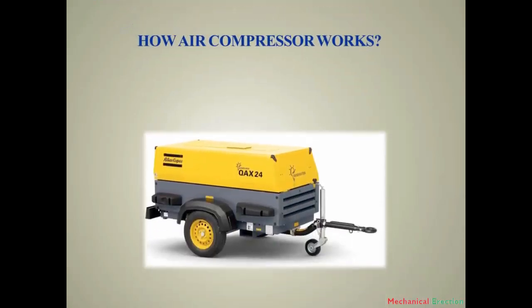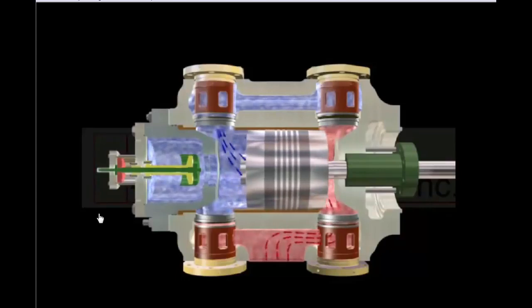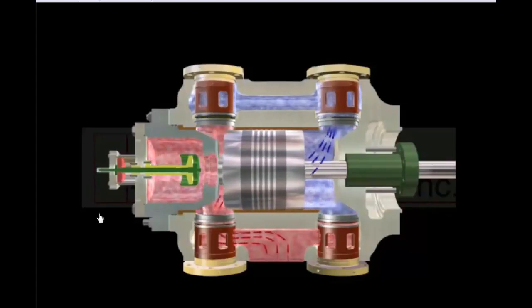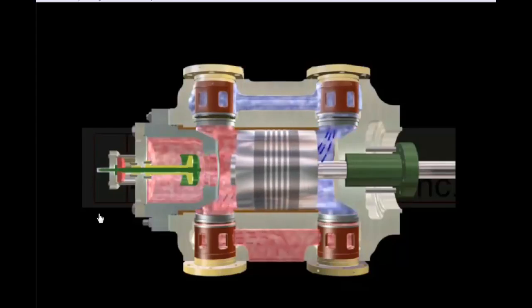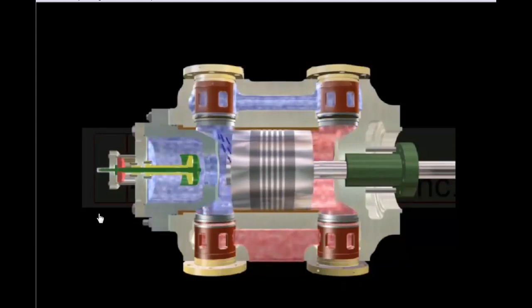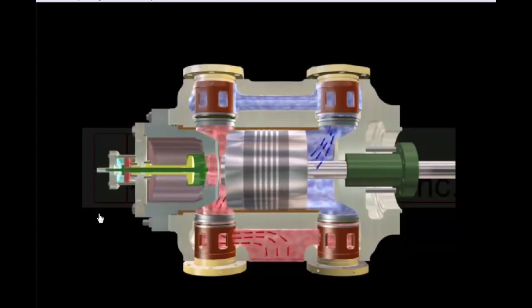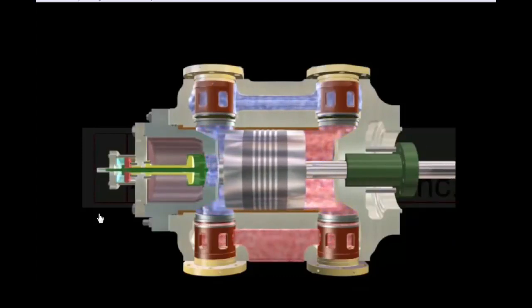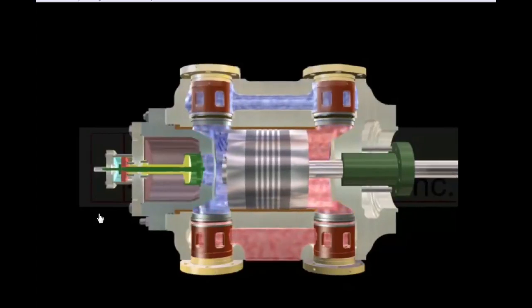We will see an animated video. Dear viewers, now you are viewing a double acting compressor cylinder. In this type of cylinder, it works for air suction and air compression. Two works are done at a time. Please look carefully. Air suction, compression.